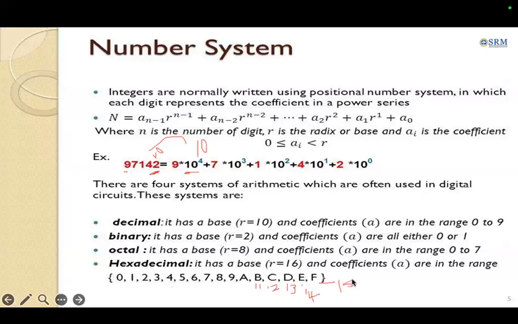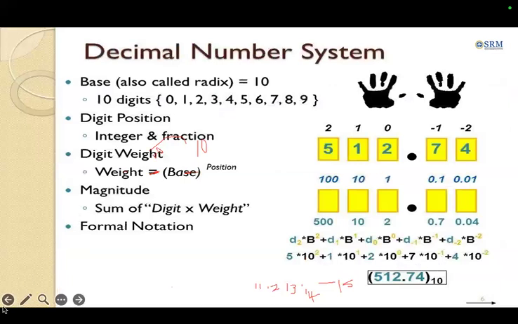So these are the different number systems we have got. For example, they have explained here in detail, like digit positions.